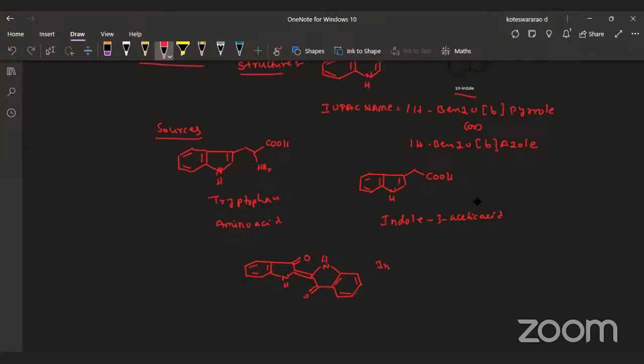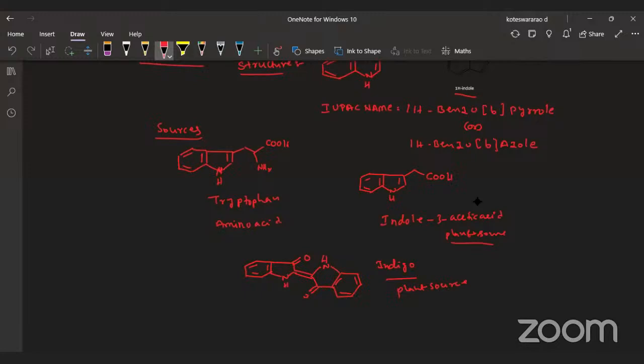This is the indigo. It is also from a plant source. We can also synthesize it. It is used as a plant insecticide. For protecting the plants from insects, we can use it as an insecticide.